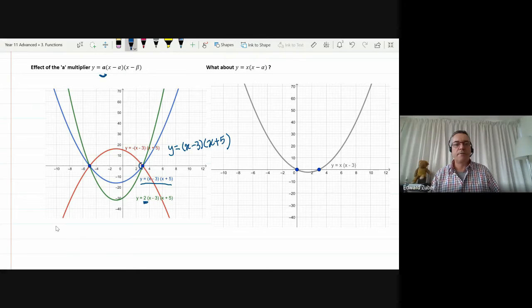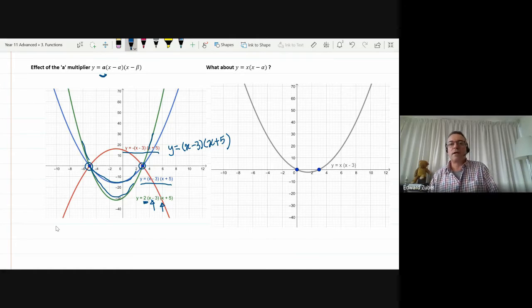And notice what's happened. It's still going through the same zeros because it's still 0 at the same place. What's the 2 doing? The 2 is taking this and making it steeper, and it's rising faster up here. Here's a negatized version, and it's turning it into what I call a downy.